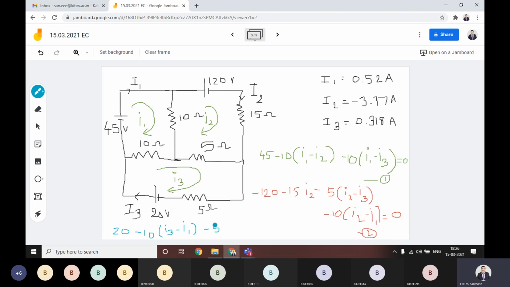Then 5 into I3 minus I2. Then this is for only I3 into I3 equal to 0. If you solve these three equations, we will get the values of I1, I2, I3 like this.